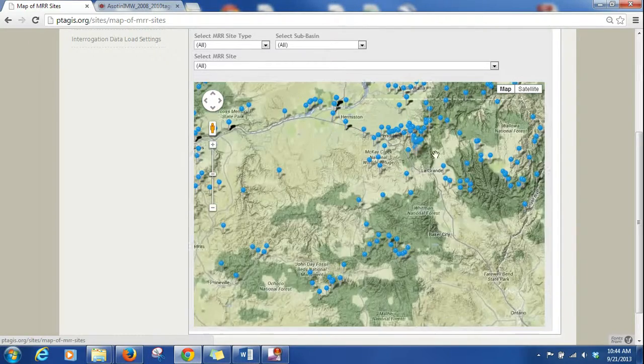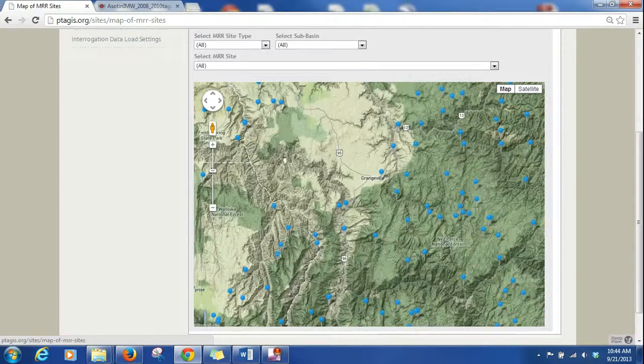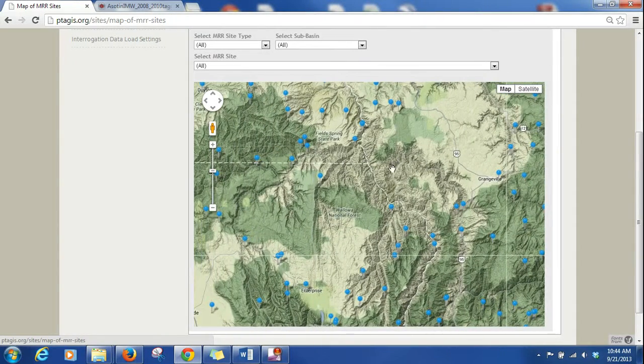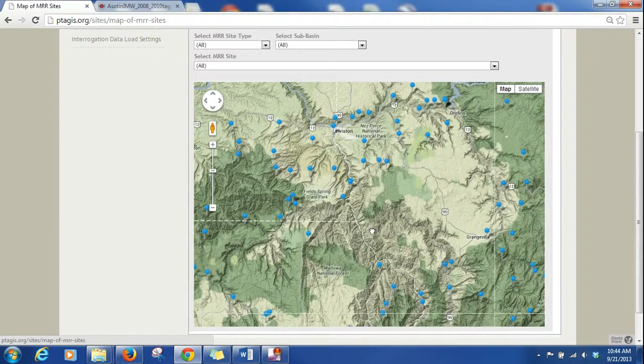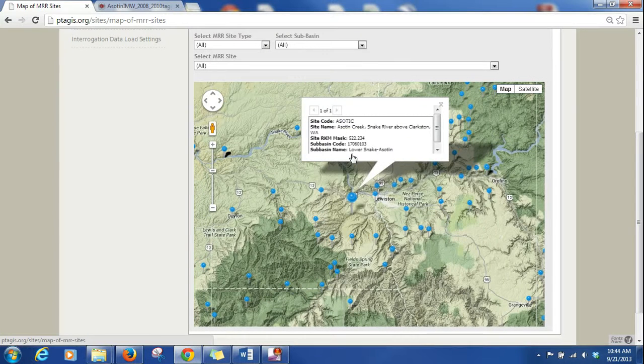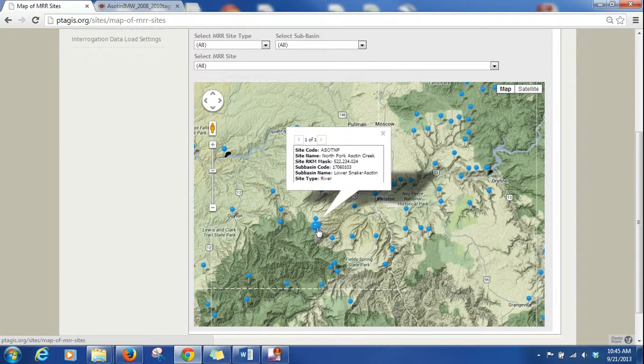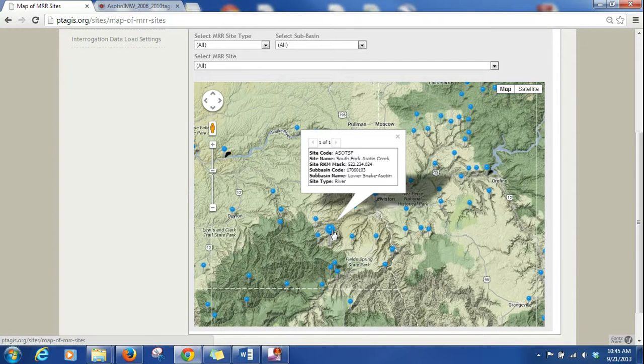Let's go ahead and zoom into our area. There's the listed. And so this should be the Asotin River. There's Asotin Creek, and each one of these locations are the 3 sampling locations in the intensively monitored watershed: Charlie Creek, North Fork of the Asotin, and South Fork Asotin.